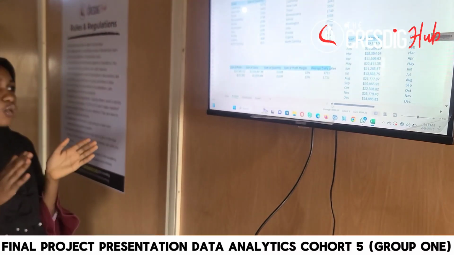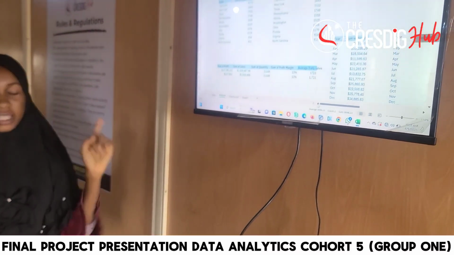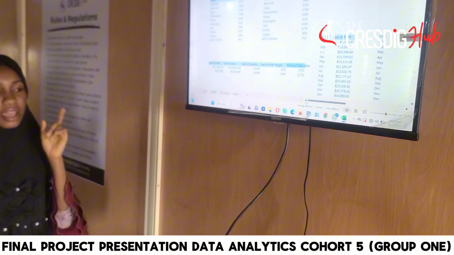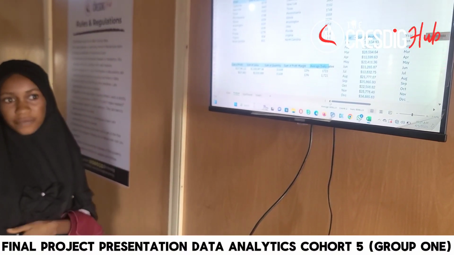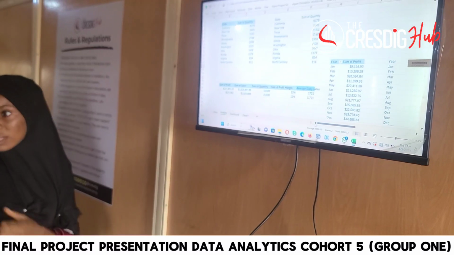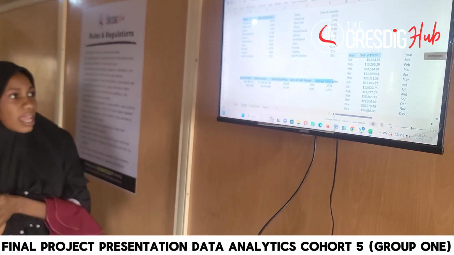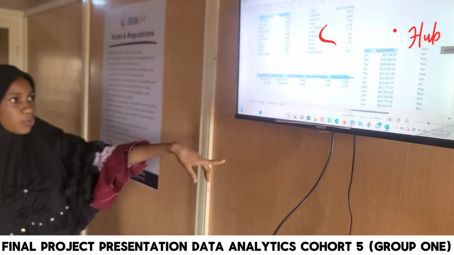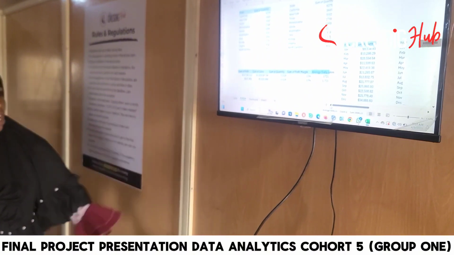And we calculated the profit margin using the formula profit divided by revenue, where revenue is the sum of sales, then times 100. So we have our profit margin.